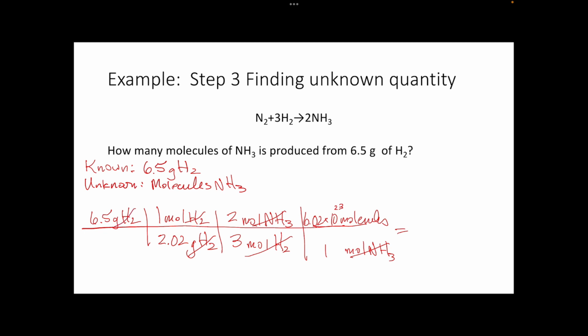Now we'll just calculate 6.5 divided by 2.02 times 2 divided by 3 times 6.02 times 10 to the 23rd. And we get 1.3 times 10 to the 24th molecules of NH3 produced. And that would be our final answer.